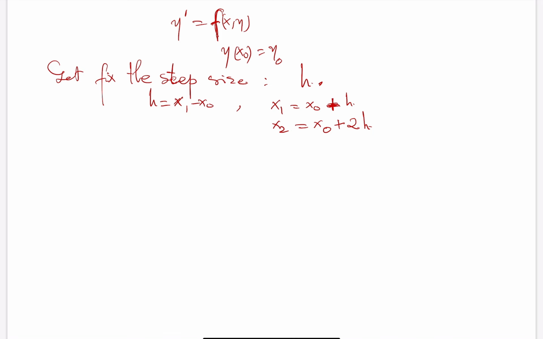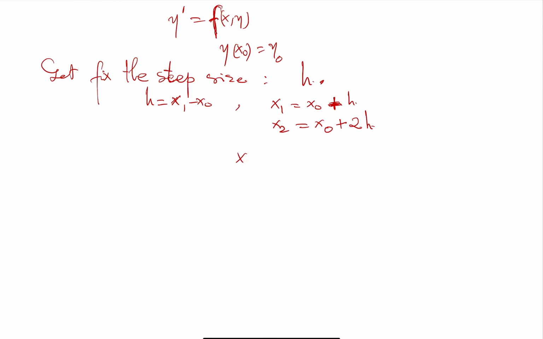Okay, so you can write it like this, or you can also write it like this if you want. x2 is x1 plus h. This means if you substitute x1, you will have x naught plus h plus h, and that's why x2 is equal to x naught plus 2h. You got it? I can write it down directly or just leave it like that.